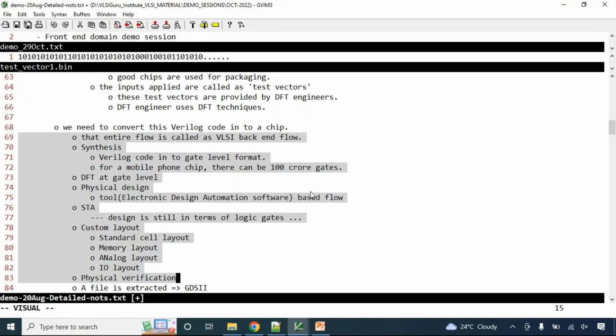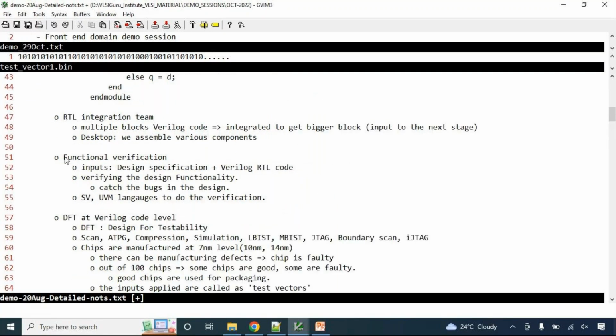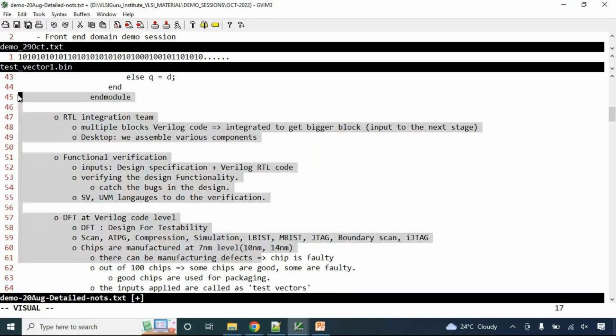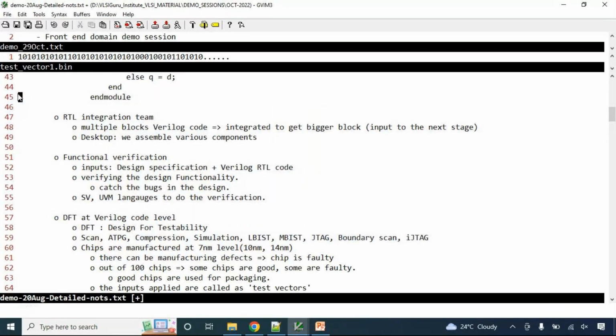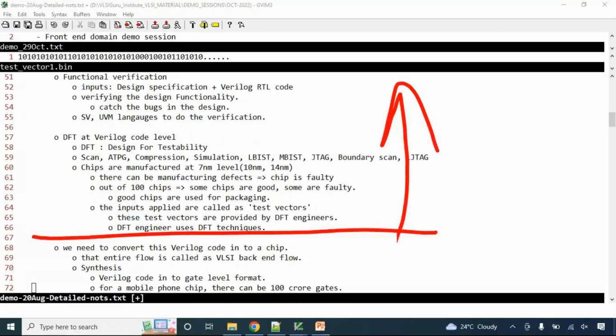Okay. Now, till this point, whatever we did is called the front end domain. Everything before this is called the front end domain. Everything after this, from the time you start synthesis till the chip gets manufactured, is called the backend domain.